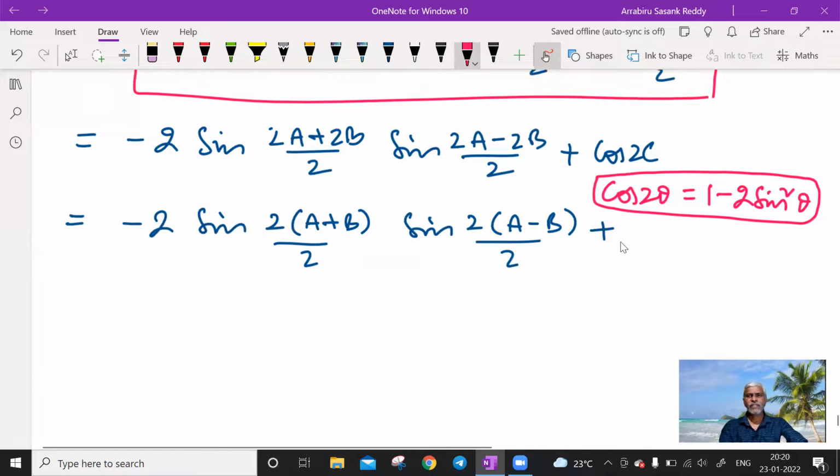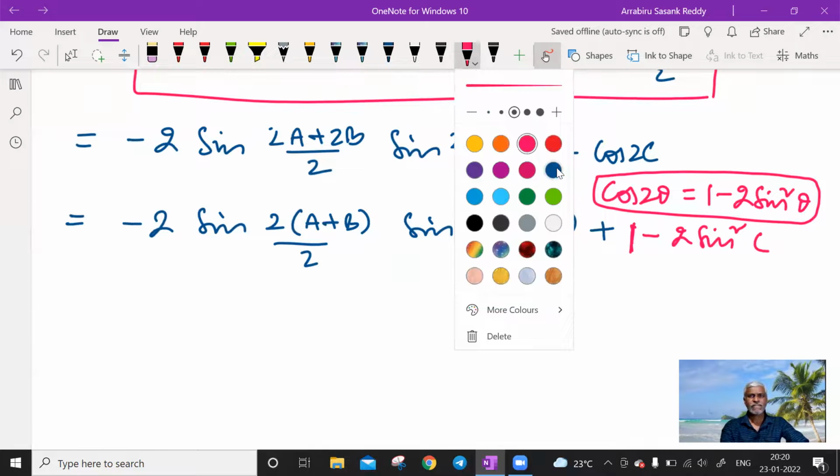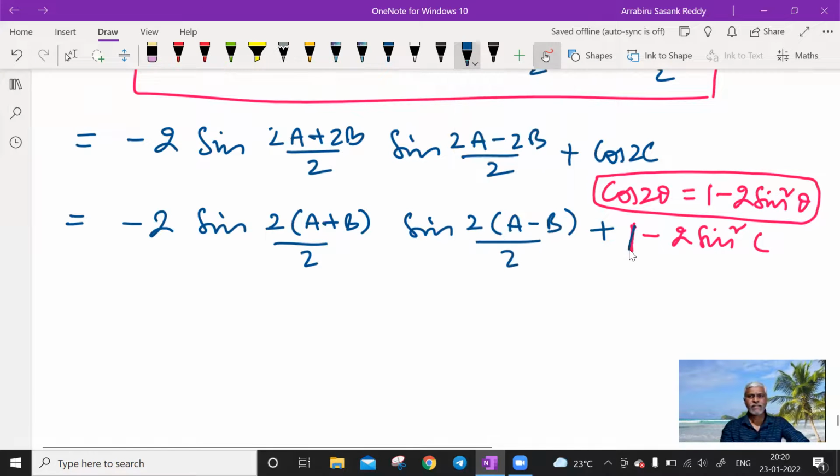In place of cos 2C, it is 1 minus 2 sin square C.